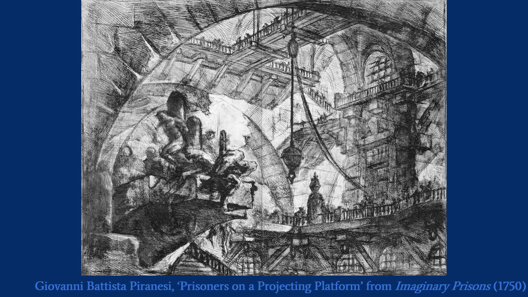But in these 18th century imaginary prisons, as we see here depicted by the Italian artist Piranesi, the prison functions primarily to keep people locked in. So we can see this row of cells down the bottom with bars on the windows. They're places where people are caged, and they are in the shadows, in the dark, they can't be seen.